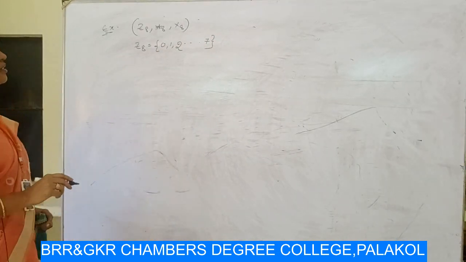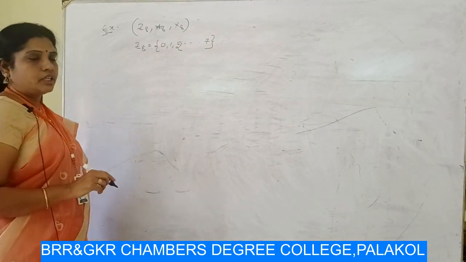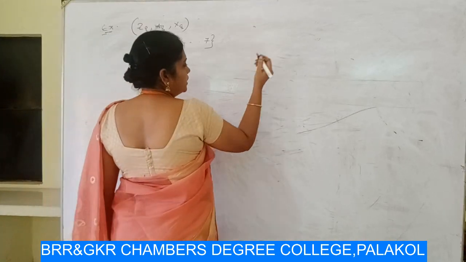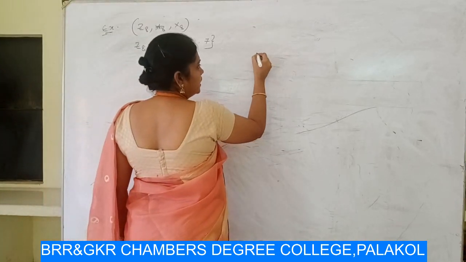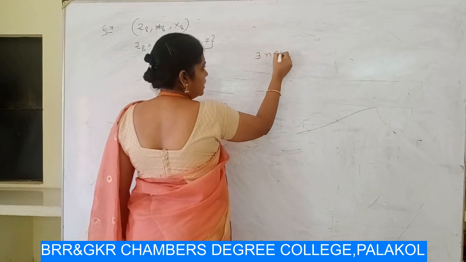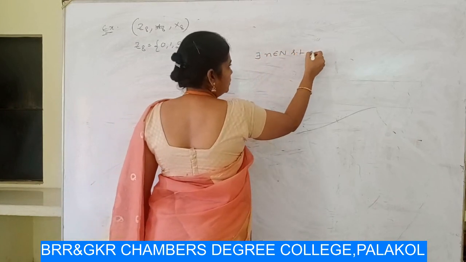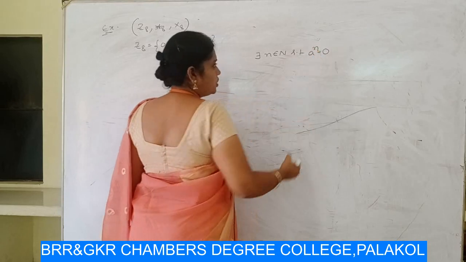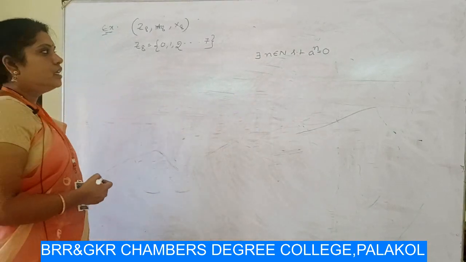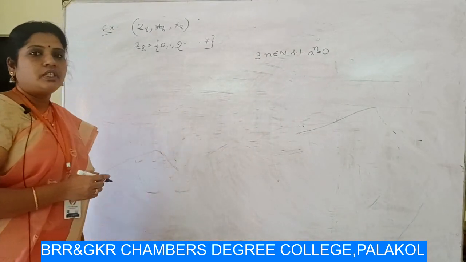The binary operations are addition modulo 8 and multiplication modulo 8. For a nilpotent element, the condition is that there exists a positive integer n such that A power n is equal to 0. Here 0 is the zero element of the ring.